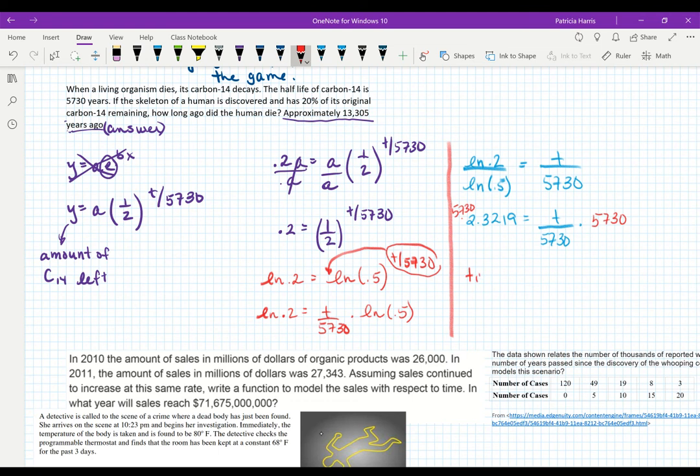And I get the time is 13,304.647 years, or approximately 13,300 years. And there we go.